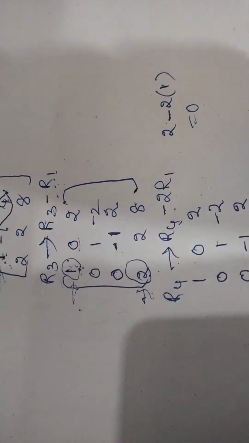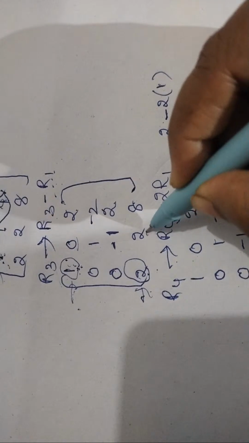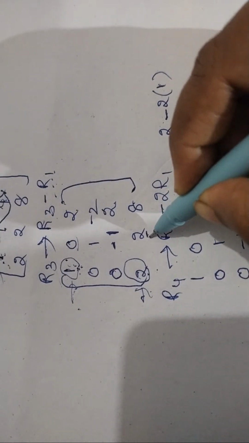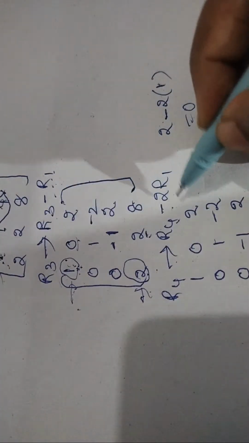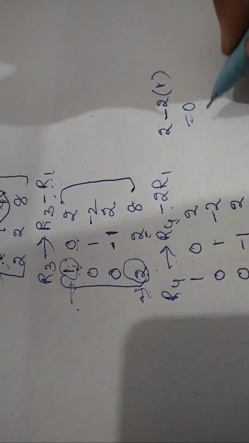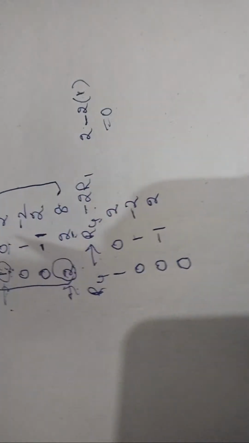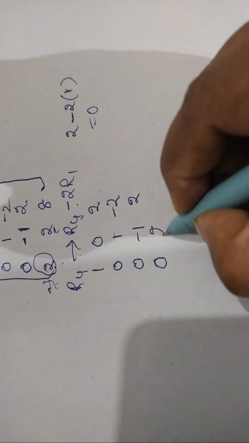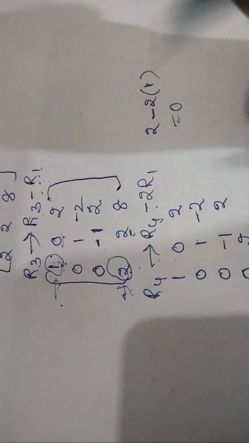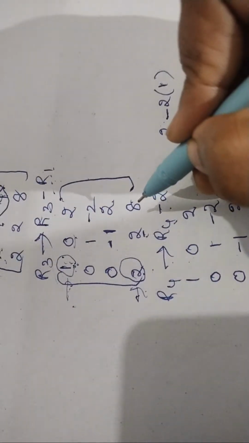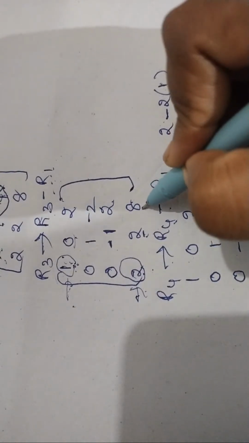And again R4, next element of this one is 2. 2 into 0, 0. So, 2 minus 0, 2. Next, R4, next element is 8.